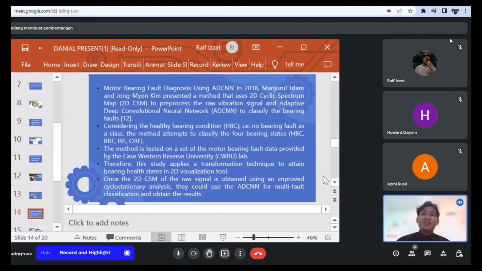Motor bearing fault diagnosis using ADCNN: in 2018, Manjurul Islam and Jong Myeon Kim presented a method using 2D cyclic spectrum maps to pre-process the raw vibration signal and an adaptive deep convolutional neural network to classify the bearing fault.